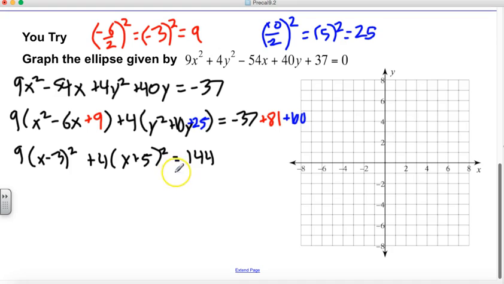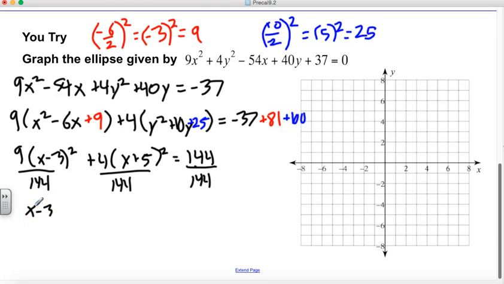Okay, now we're going to, of course, divide everything by 144. Divide each fraction by 144, and make sure that we reduce the fractions. So whenever we do 9 over 144, you're going to get 1 over 16.